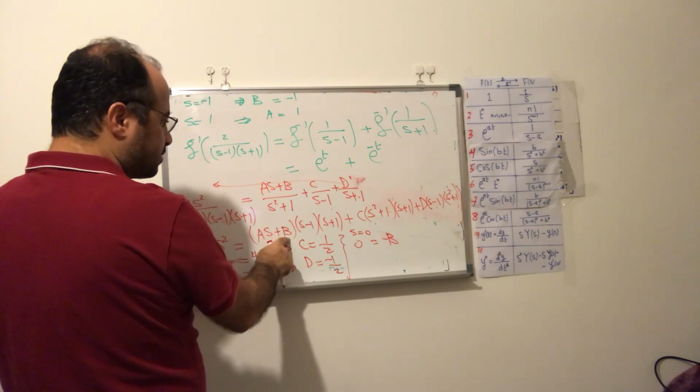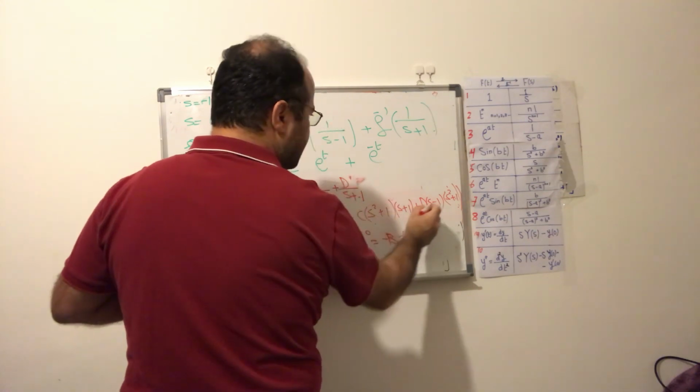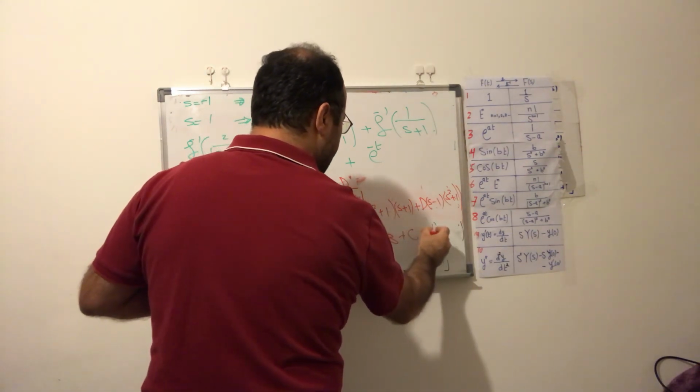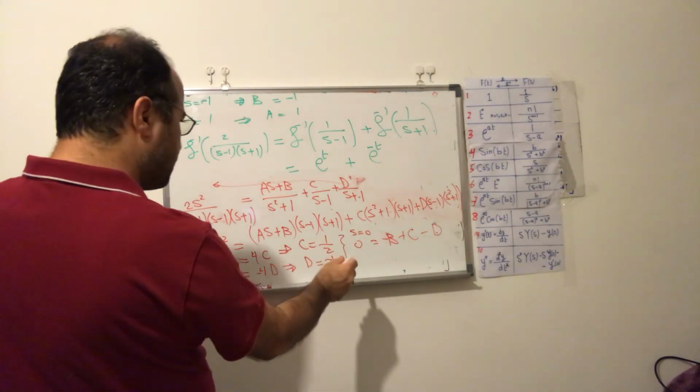You get b minus b, and here you get c, and here you get minus d, right? And if you look carefully here, you are solving for b, right?